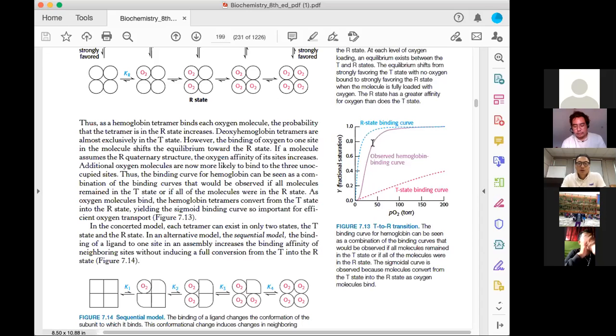But when the hemoglobin is transporting oxygen to your periphery, which is 20, then you are going to release a huge amount of oxygen to your peripheral tissues. So that is the advantage of cooperative binding. Do you understand this?